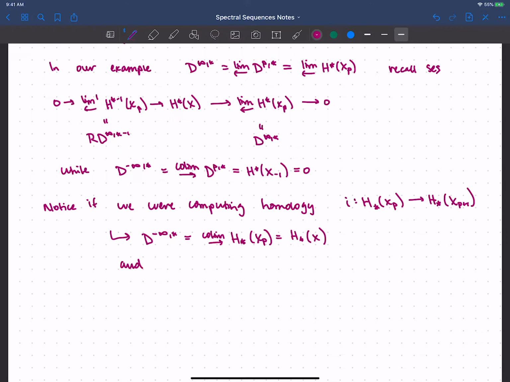In this, if we were doing the homology case, then when we look at the inverse limit, d infinity star, and we also look at the right-derived inverse limit, so that's our lim 1 term, then these would both be 0, right? Because that would be talking about the homology of x minus 1. Okay, so depending on the situation, we might have one as 0 or the other, and we see that coming up here in cohomology.